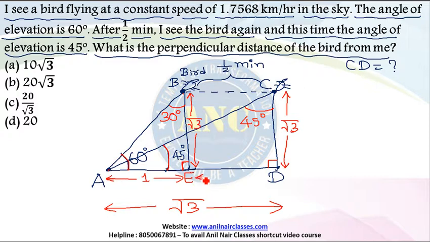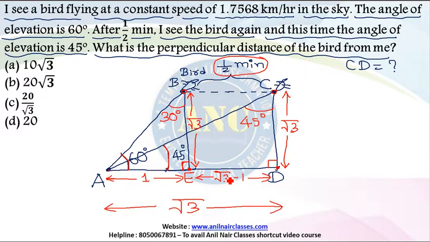AE is 1. So ED is root 3 minus 1. That means I got values already in my diagram. Now think logically. To travel from E to D, or in other words from B to C, it took 30 seconds for the bird, and it traveled a distance of root 3 minus 1.